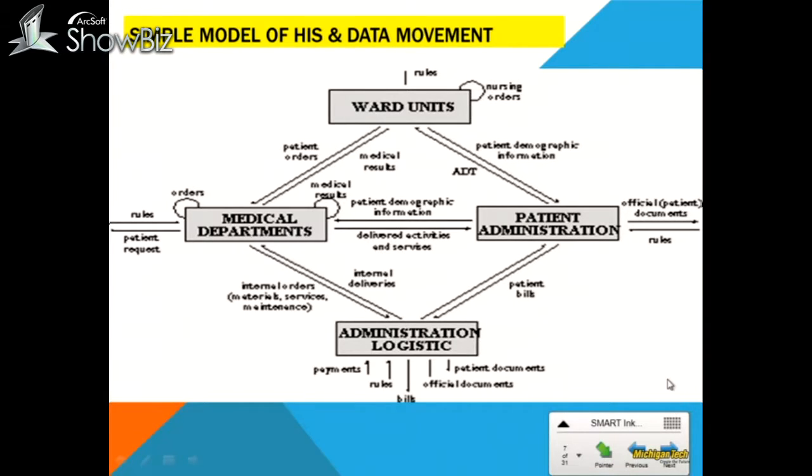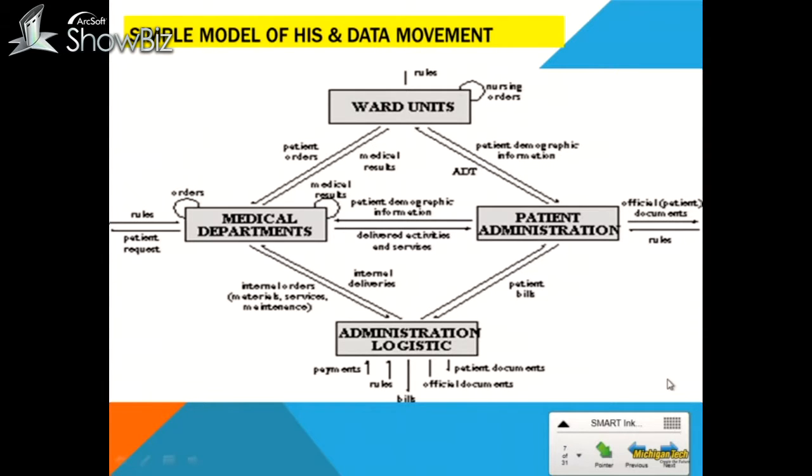For example, we have data moved from the ward units to the medical departments, from the ward units to the patient administration, from the patient administration to the medical departments. The data movement is bidirectional. Bidirectional means there is data from one unit to another unit, and also from the other unit to this unit.